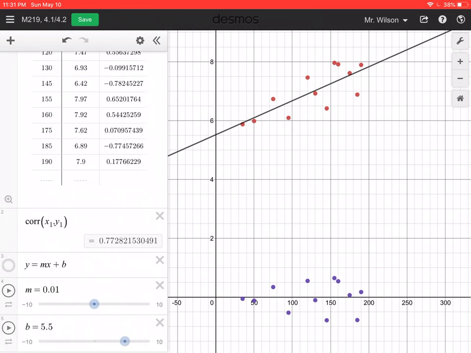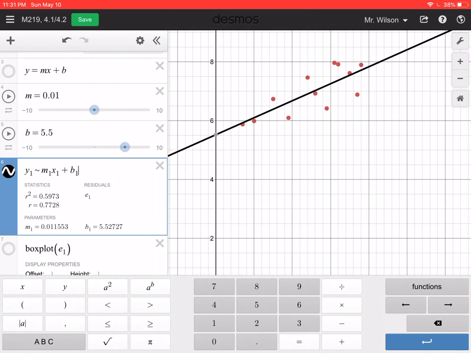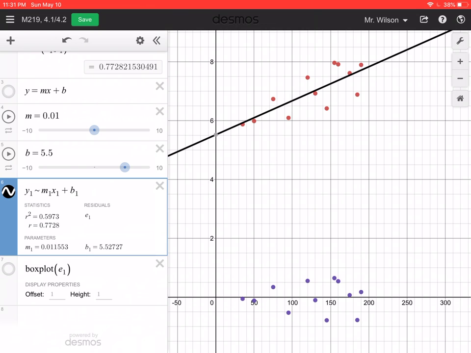But when you make the regression line, y1 ~ m1 x1 + b1, notice under the statistics right here, there is r. So r equals 0.7728. That is the correlation coefficient. So that is r.